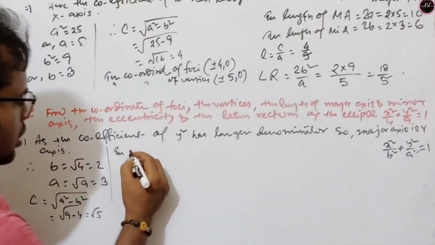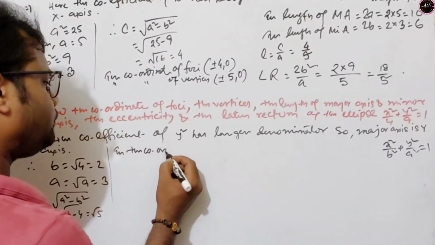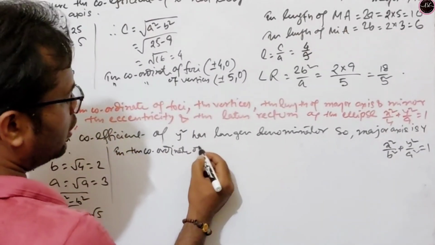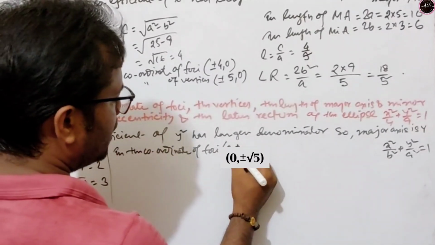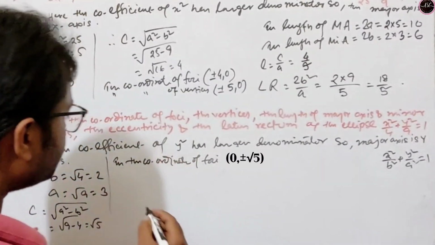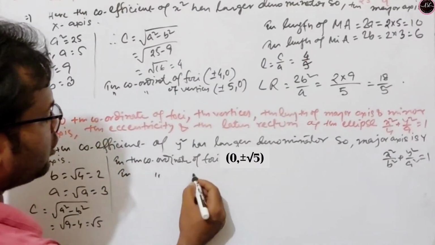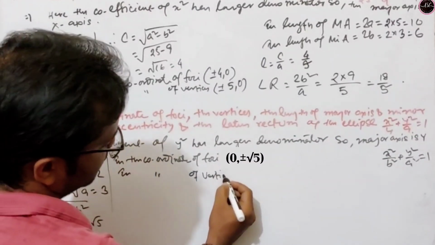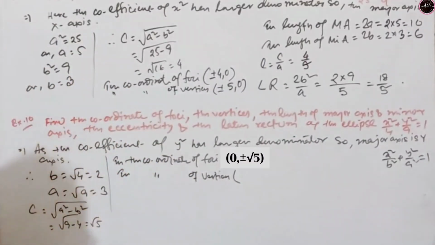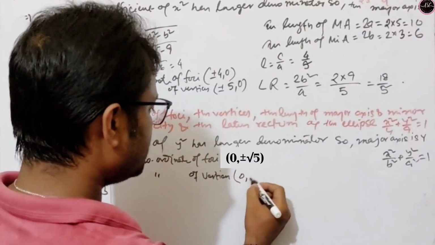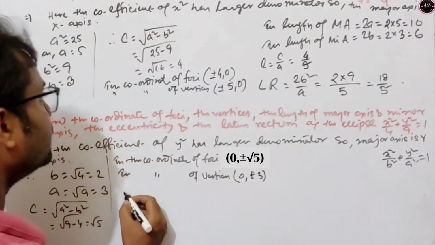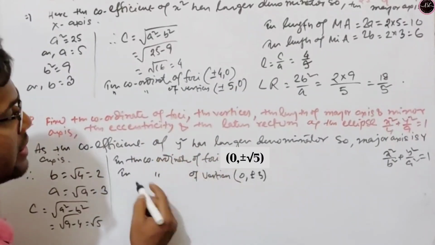So the coordinates of foci are 0, plus minus root 5. The coordinates of vertices are 0, plus minus 3.